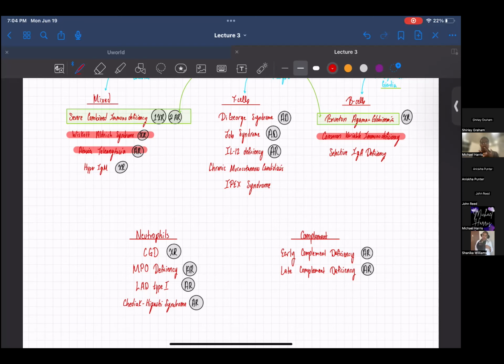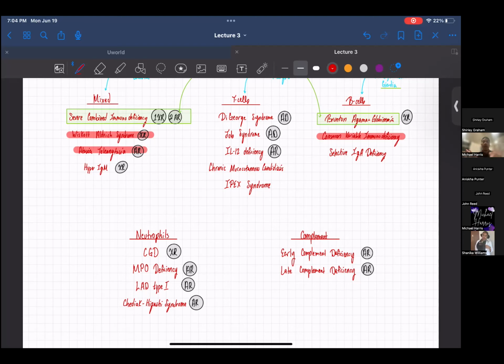All of them are going to show up with failure or having an issue to gain weight. Some are more likely to show up with failure to thrive, which is when they can't survive and they're not growing properly. You see that more with mixed, but you can see it with others. All of them are going to show that way.